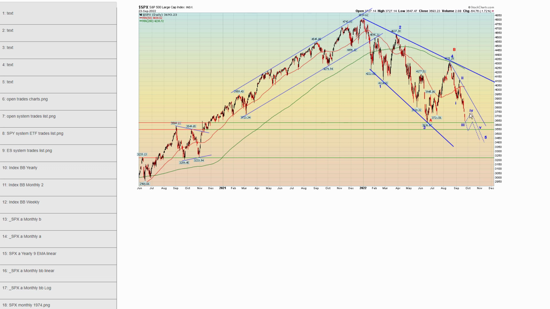So maybe we get a bounce here, wave 4, and then we go down again in this 5. And that would complete 5 of 3. So the point I'm making is a bounce here is likely some sort of wave 4, not a major bottom, unless you have some 90-90 up days, something like that. Overall, on any good rally here, I'm expecting a lower high and down again. These could be lower targets down this fall, even down to this 3,200-ish area.